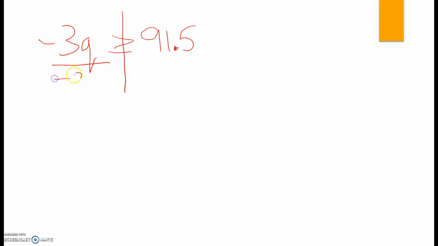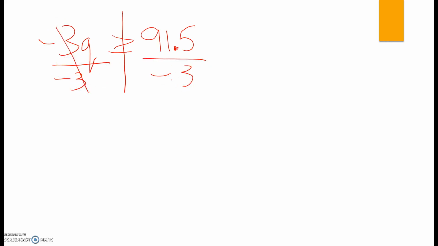So, number 4, negative 3q is greater than or equal to 91.5. Okay, so we are currently multiplying negative 3 by q, so we're going to split this. To get rid of multiply, we divide.